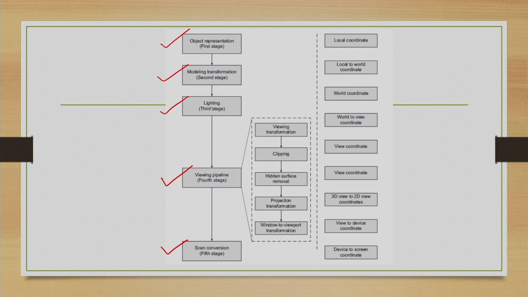For example, lighting may be done after viewing pipeline or in between some of the transformations of viewing pipeline and so on. So, the sequence that I am showing here need not be followed exactly during implementation of a graphics system. This is just for our understanding of the stages involved and the sequence may vary.